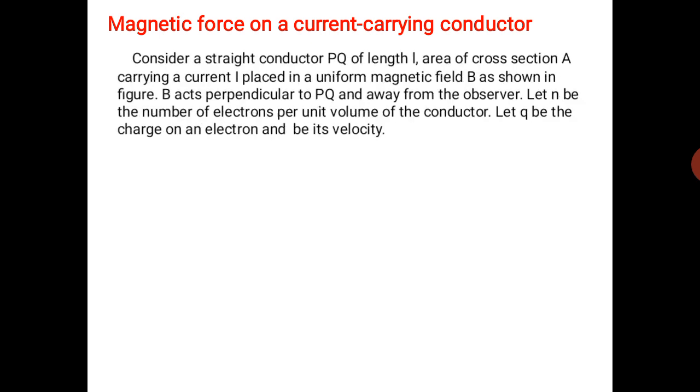Consider a straight conductor, say for example PQ or AB, of length L, and area of cross section A, capital A is the cross sectional area, carrying a current I. It means the current I is flowing through the conductor, and that conductor is placed in a uniform magnetic field B.